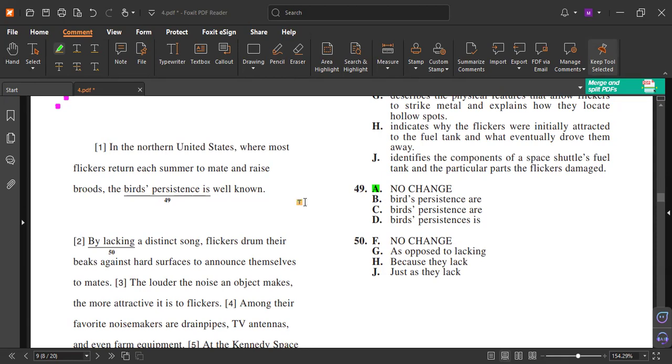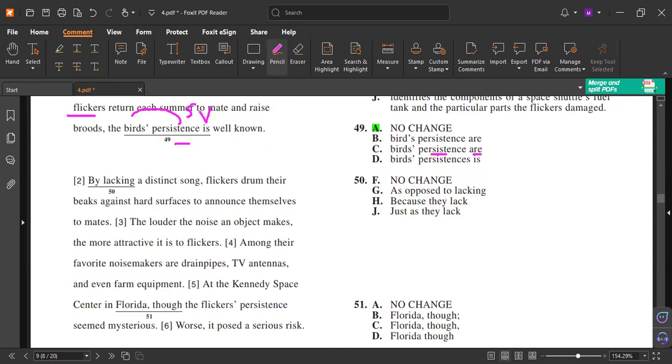It's A. Do you know why? Because here it's the persistence of birds. Your subject is persistence and it's an abstract noun, so it's singular. Here it's wrong because it's singular, and the word birds is plural. It is not flickers.